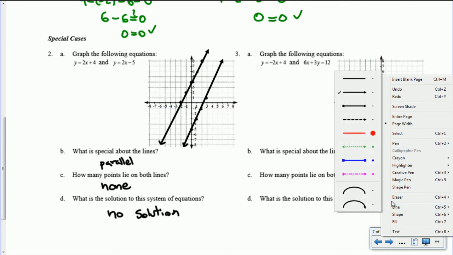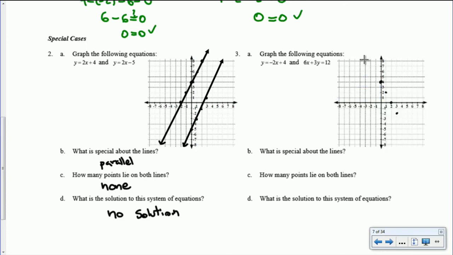So let's connect them. Did not mean to type that. There we go. So that's that one.